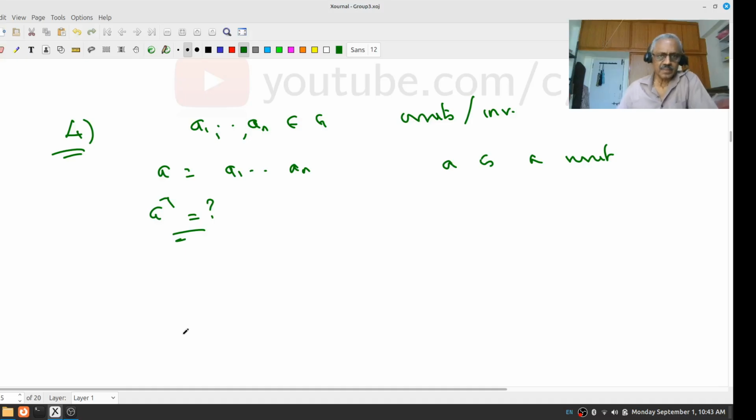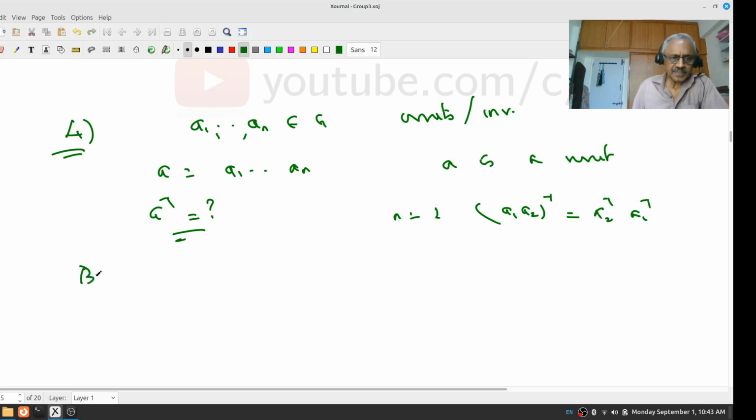Right? Okay. So we already know when n equal to 2, A1, A2 is invertible, its inverse is A2 inverse, A1 inverse. Right? Therefore, by induction, suppose I have A1, A2, A3. What do you think I will do? I want to find its inverse.